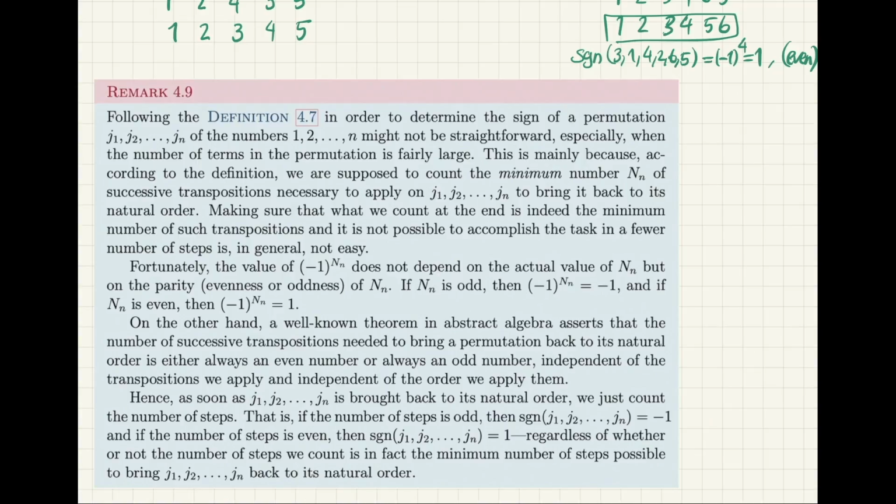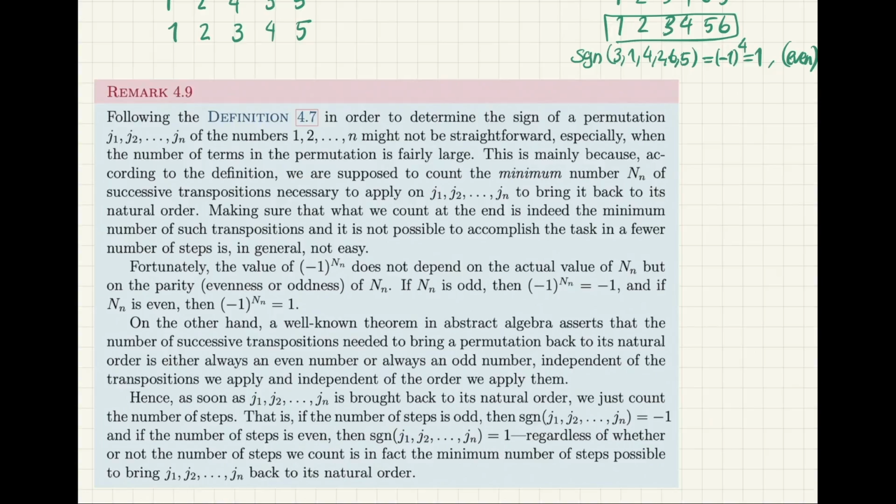A theorem in abstract algebra guarantees that if by applying successive transpositions on a permutation it is brought back to its natural order, no matter how it is done, in an optimal way or not, the number of transpositions needed is either always an odd number or always an even number.